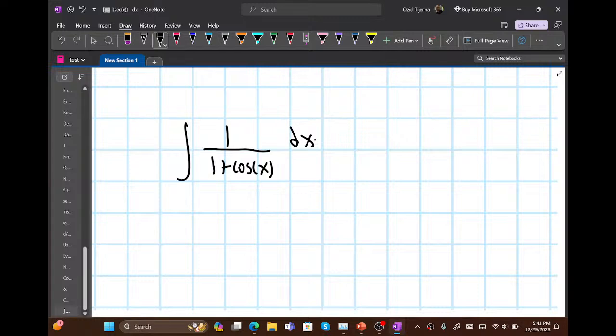taking the conjugate. Otherwise, I don't know how to do it. Like, I don't know any other way to do it. Give me a second.